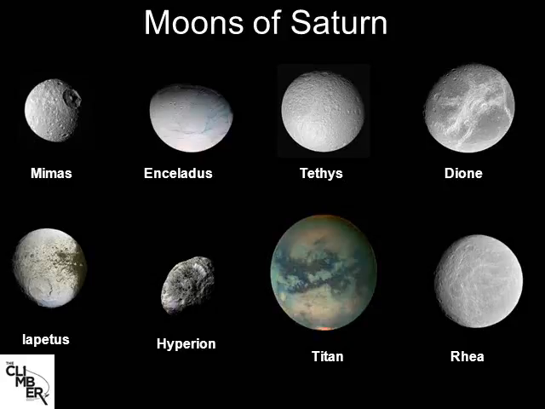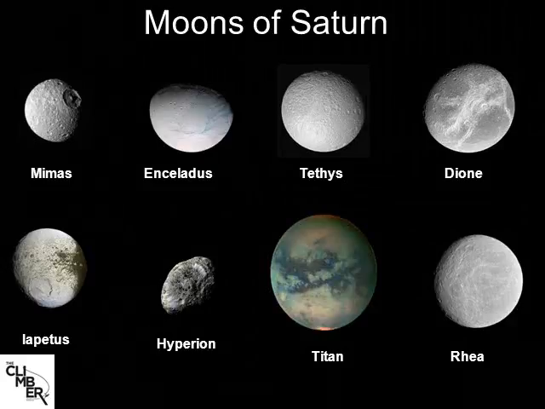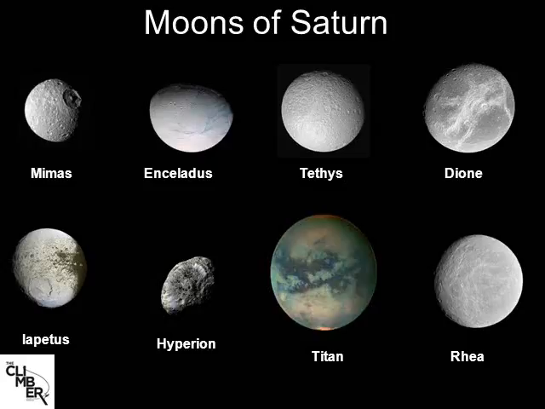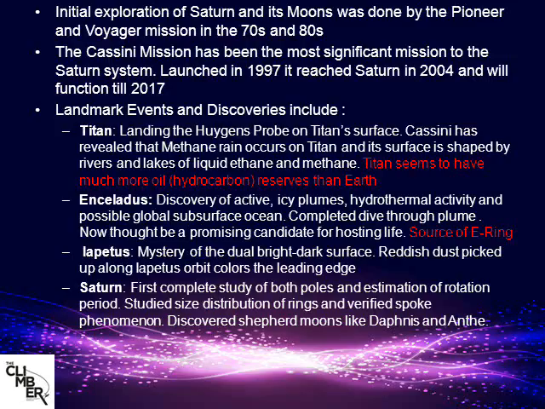It also has a very odd, sponge-like porous surface. Iapetus is known as the yin-yang moon because its leading hemisphere is dark as coal and its trailing hemisphere is much brighter than it. The reason for this is still a mystery though.